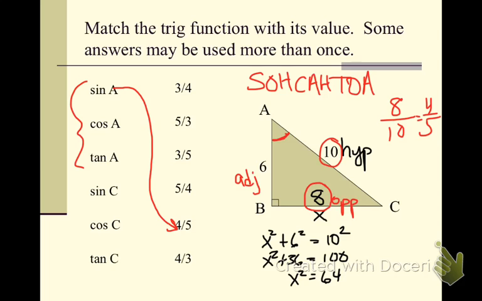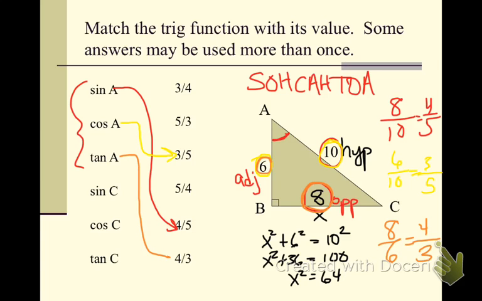The cosine of A is going to be the adjacent, 6, over the hypotenuse 10. So 6 over 10 is 3/5. So the cosine of A must be 3/5. And then lastly, the tangent of A is the opposite over the adjacent, so that's 8 over 6. 8 over 6 reduces to 4/3, so the tangent of A is 4/3.